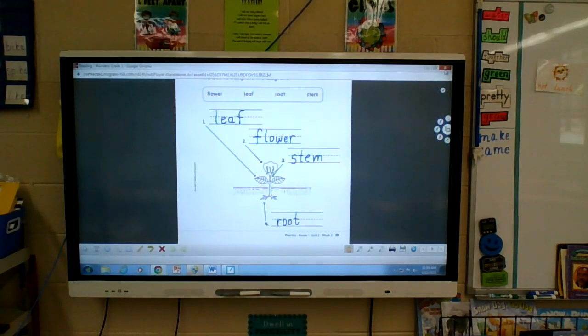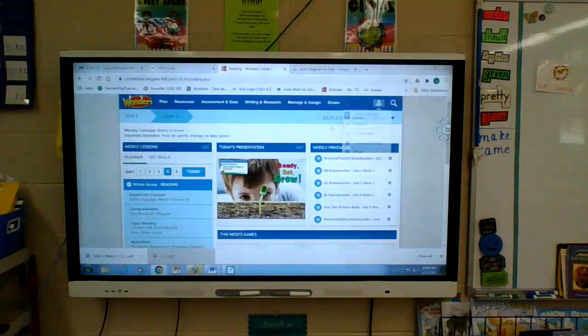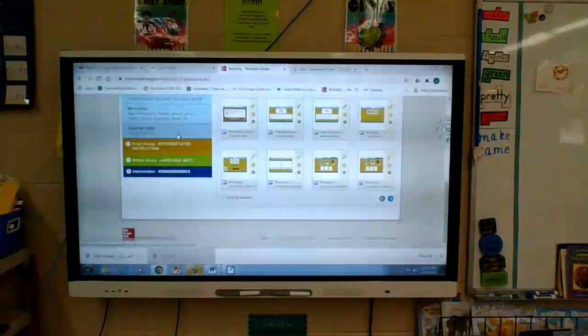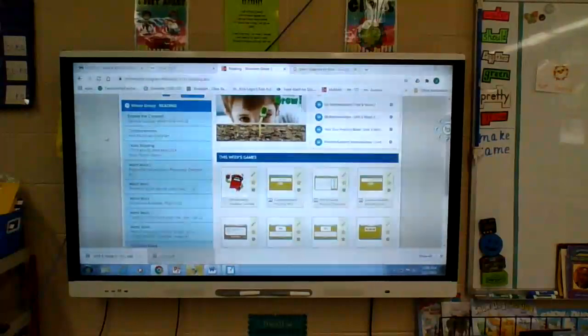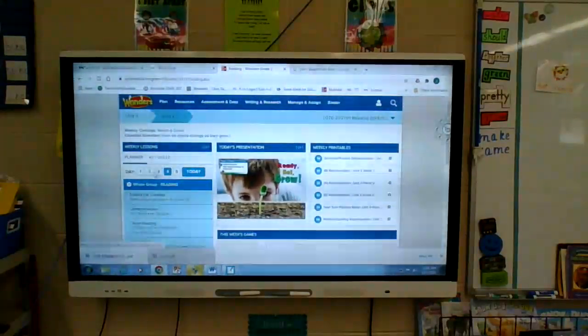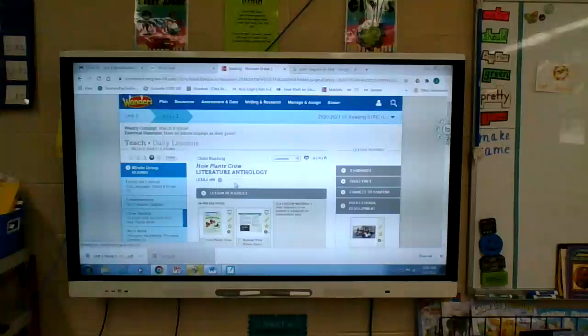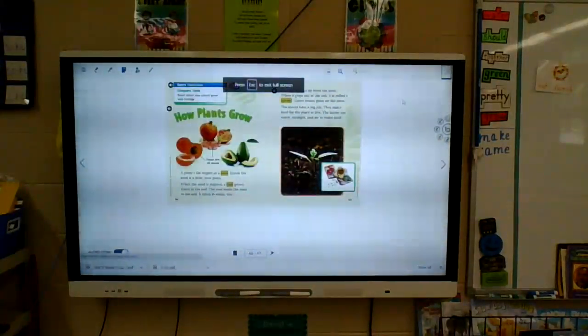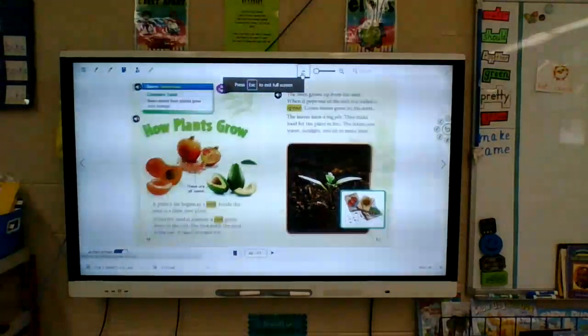All right, so open up your big books to the story called How Plants Grow. Find this story.